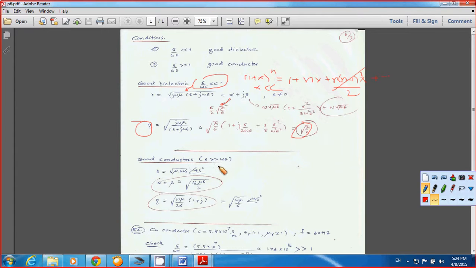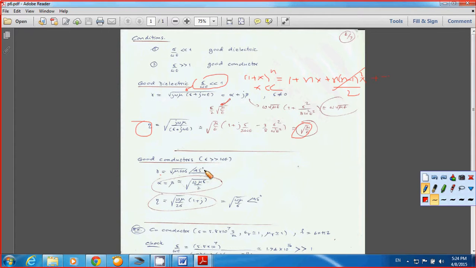And for good conductors, when the ratio of sigma over omega epsilon is much greater than 1, you consider this media to be your good conductor, and you end up with gamma equal to square root of j omega mu sigma, with the phase angle 45 degrees.